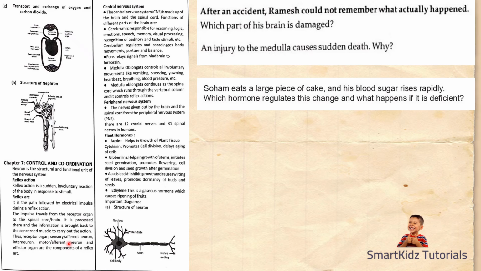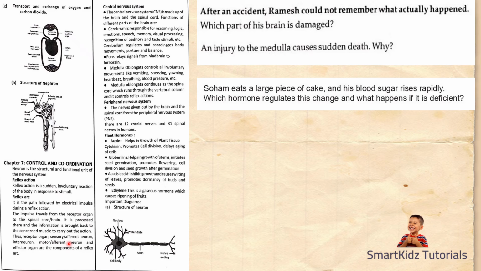You have the receptor, which is in the skin, and the sensory neuron, and then you have the spinal cord or the CNS. CNS stands for central nervous system. What does the CNS comprise of? You should know about that.